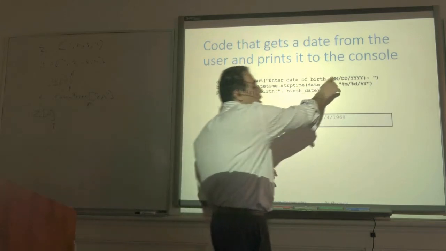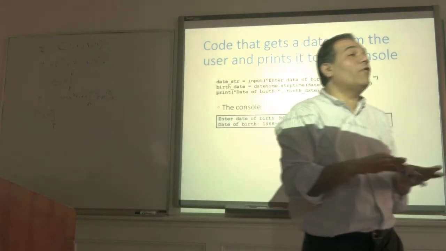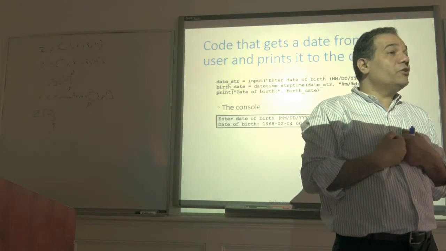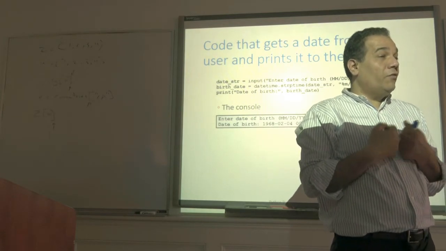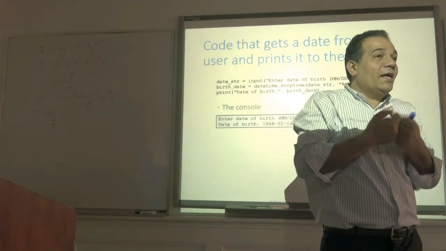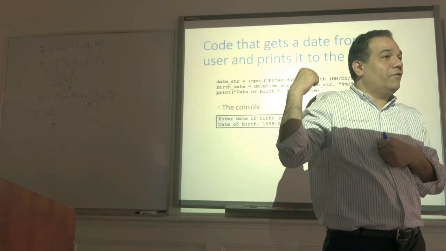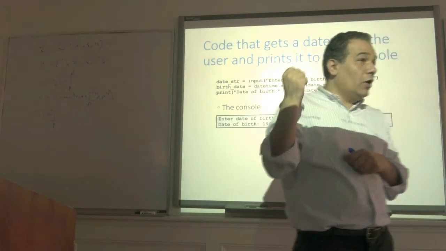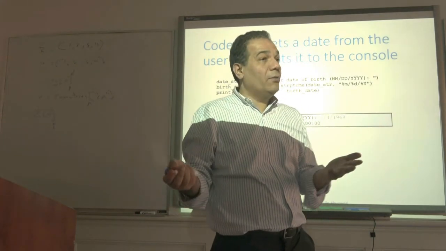So whatever you enter from the input, what kind of object is it? String. But I need to convert the string into what? A date object. If it's a string, I cannot calculate the delta later, the difference. So whatever I enter, I need to convert it to an object of date or time or datetime, right?